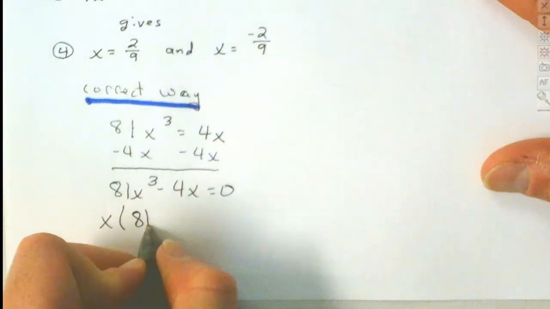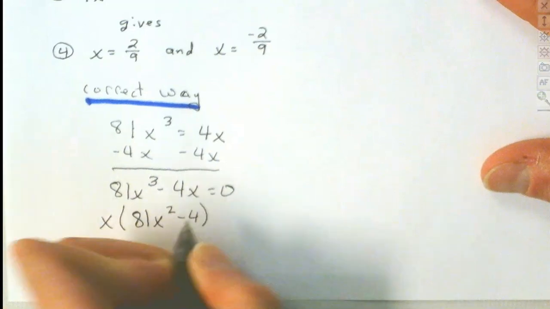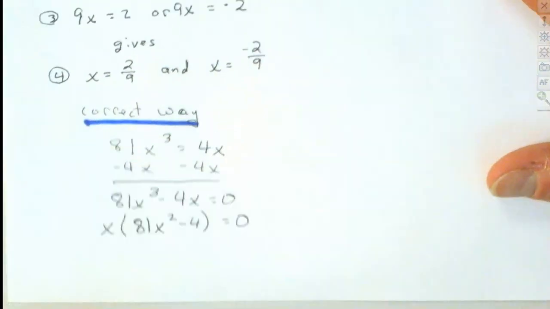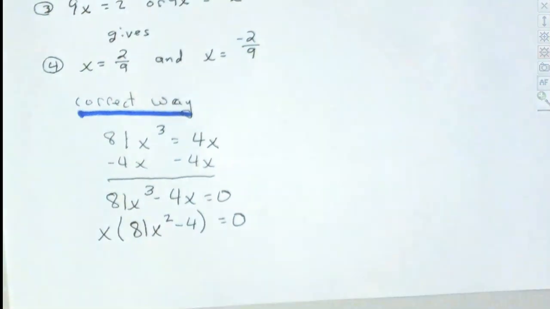That leaves you with 81x squared minus 4. It has 2 terms. What do we know about 81 and what do we know about 4? They're perfect squares.